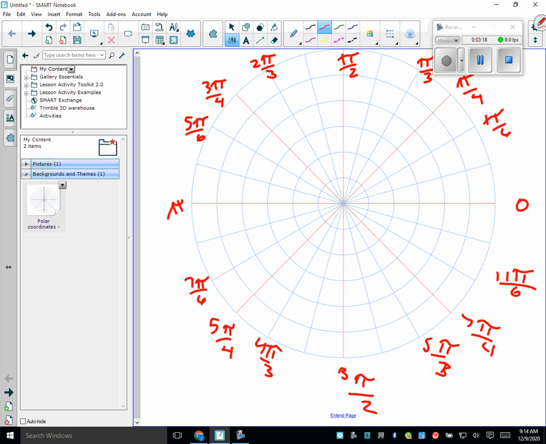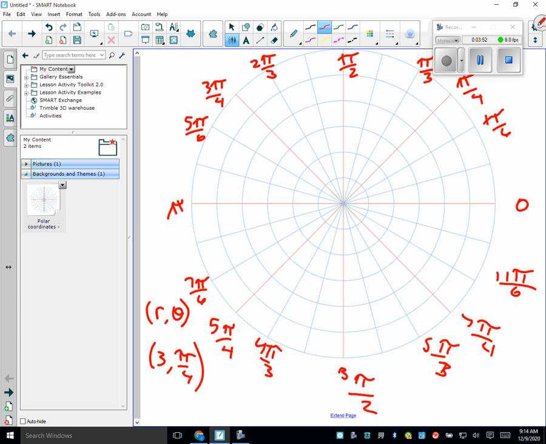So, when we have a point, let's do the point 3, pi over 4. Every ring we assume to be 1 unless you tell me otherwise, just like squares of a graph. When you plot a point, you always plot the angle first. This point is said to be r theta.